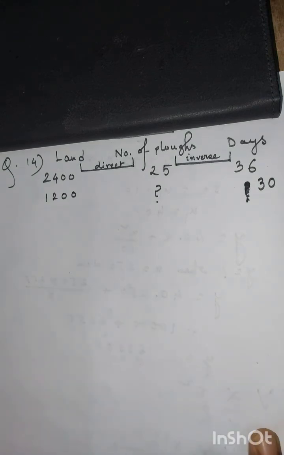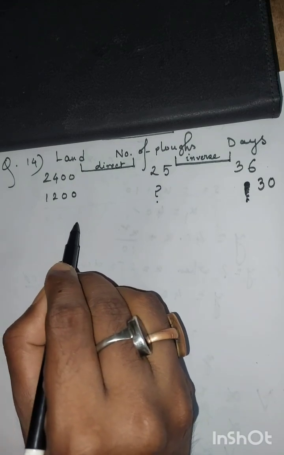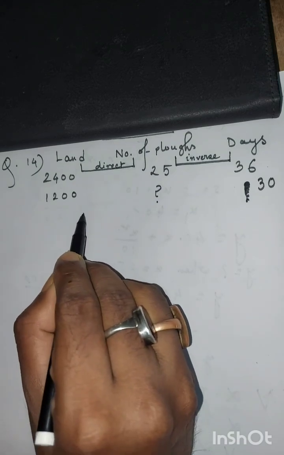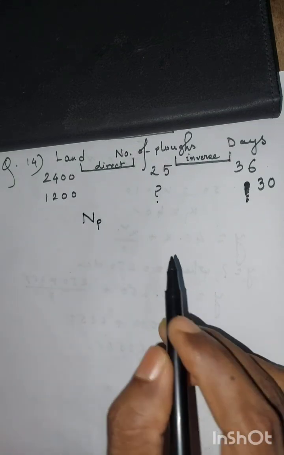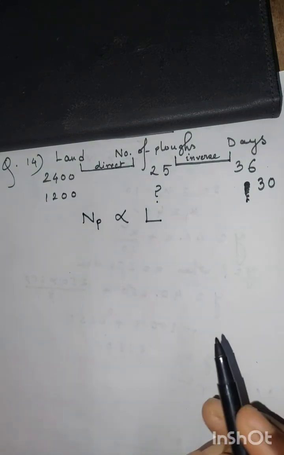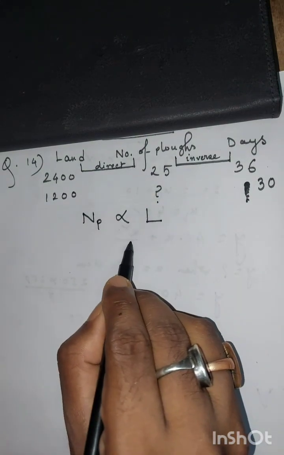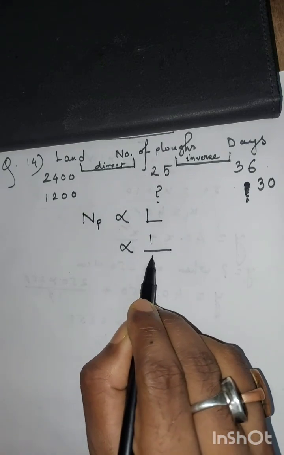Now let us write it mathematically. Number of plows, that is NP, is directly related to land and inversely related to days.